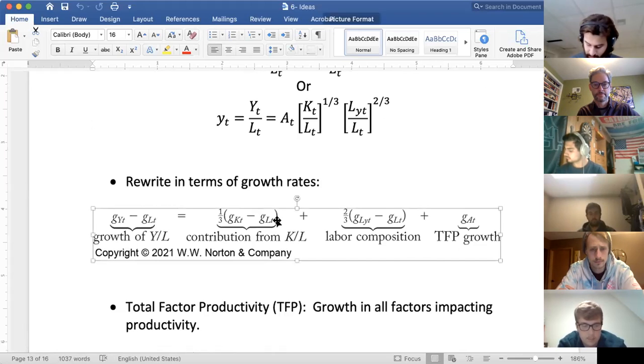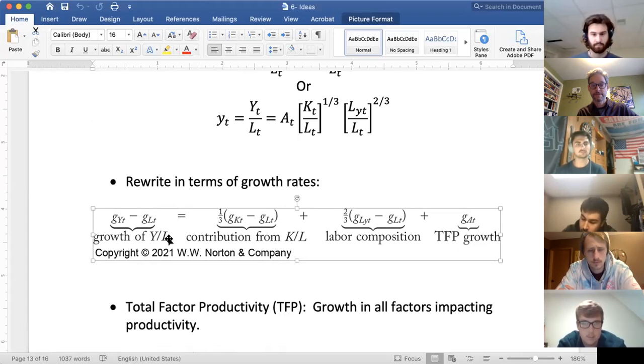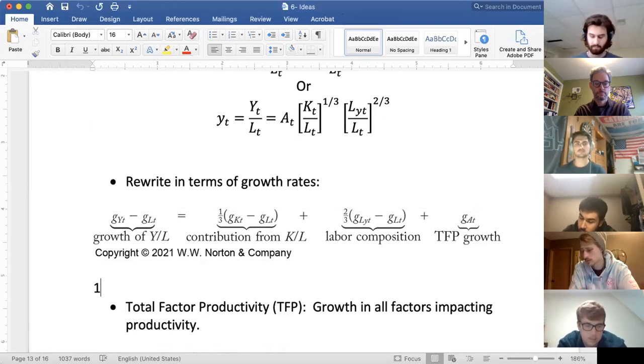Here we go. So this is really the equation that I'm using, where here's the growth of output per worker, which in this question is 147.2.